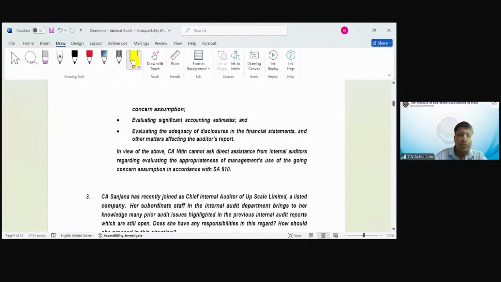We are not getting into those procedures. So he thought about one procedure, of involving the internal auditor. Can that be done? The answer is no. The statutory auditor cannot ask for direct assistance from the internal auditor regarding evaluating the appropriateness of management's use. That will be inappropriate.